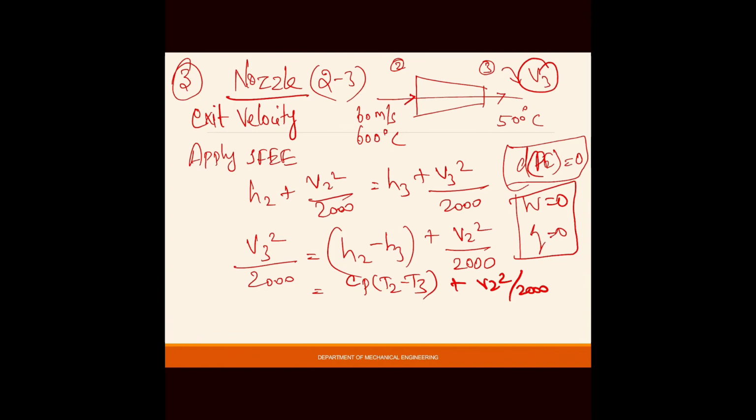We already know V2 is 60 meter per second. So finally we get the velocity at the third section, that is the exit of the nozzle, V3 is 452.327 meter per second.